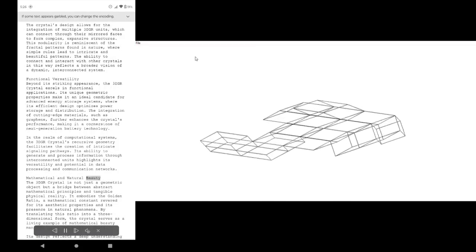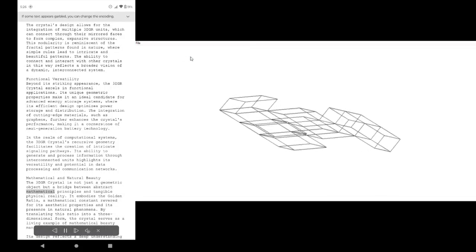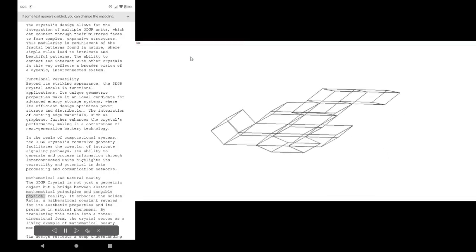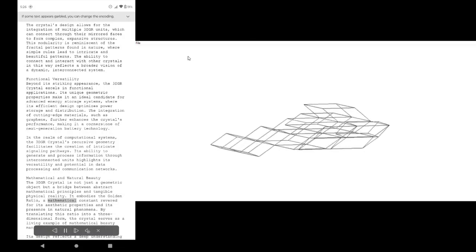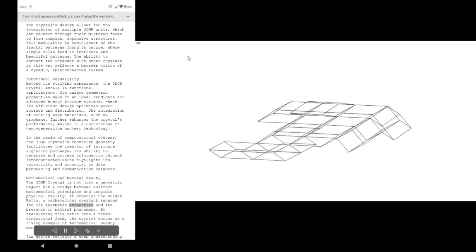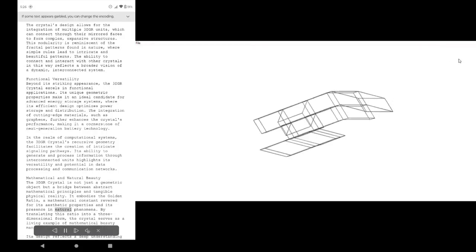Mathematical and natural beauty. The 3D-GR crystal is not just a geometric object, but a bridge between abstract mathematical principles and tangible physical reality. It embodies the golden ratio, a mathematical constant revered for its aesthetic properties and its presence in natural phenomena.